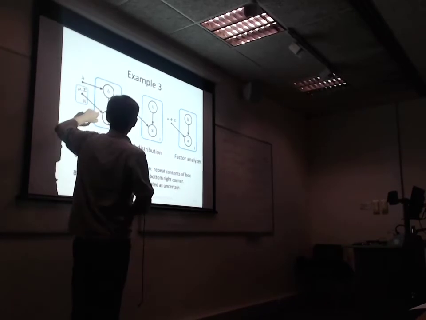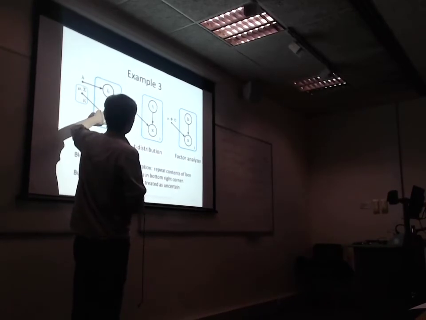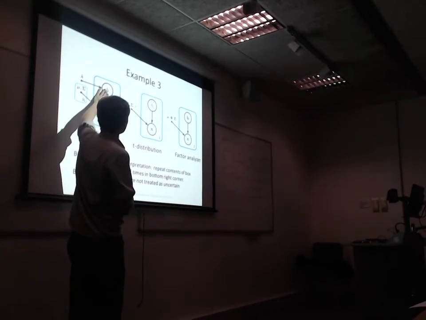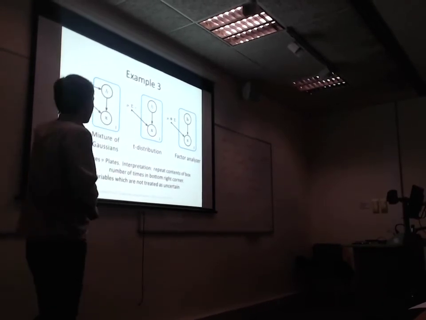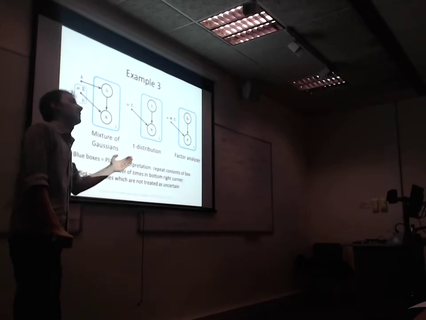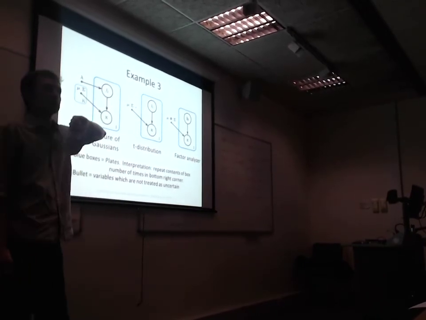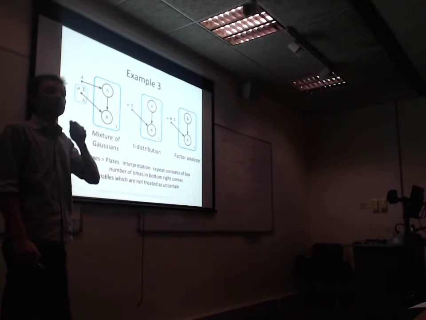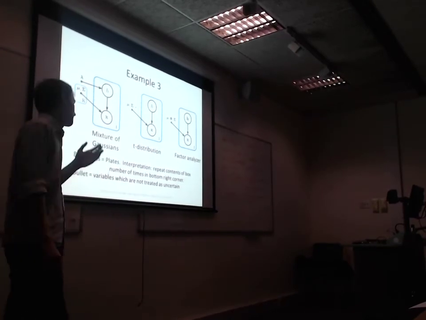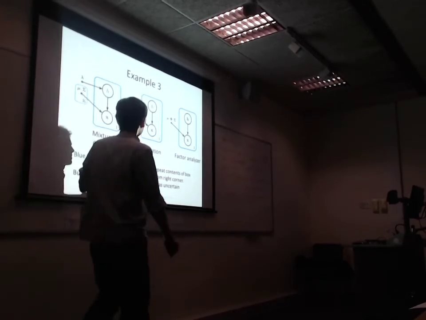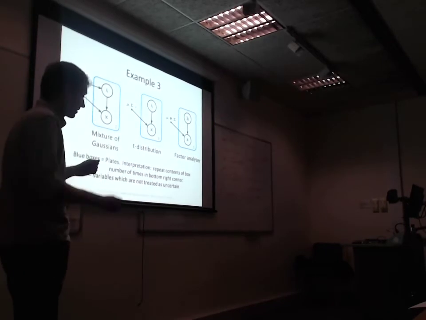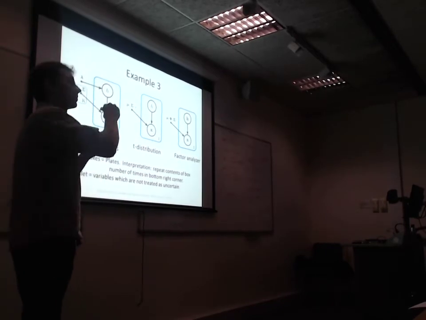So if we have a node like this and a node like this, everything is clear. We might also say, well, I might have a lot of pixels with a lot of h's. So do I have to draw every one of them again and again? If I have a million pixels in my image, I have a megapixel image, do I have to draw my problem that way?